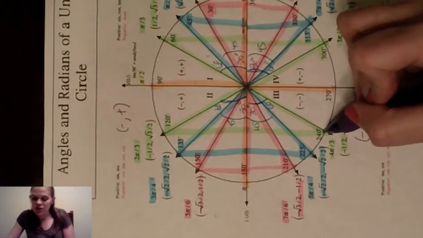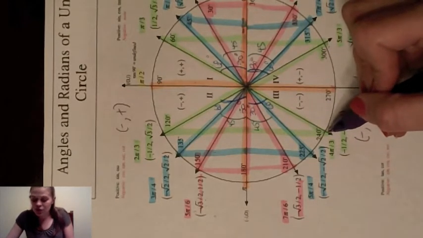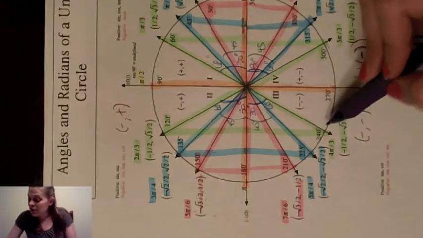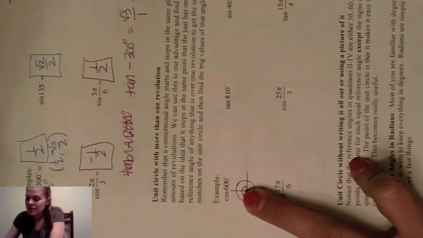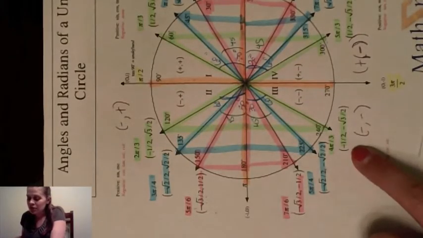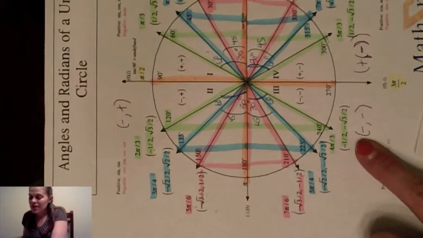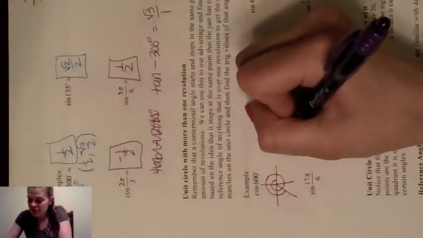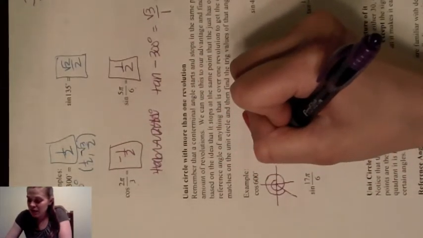So 240 is in your third quadrant. The cosine of 600 is the same value as the cosine of 240. So I'm going to look at the point at 240. The x value is what I want because the cosine is the x. So the cosine of 600 is going to be -1/2.